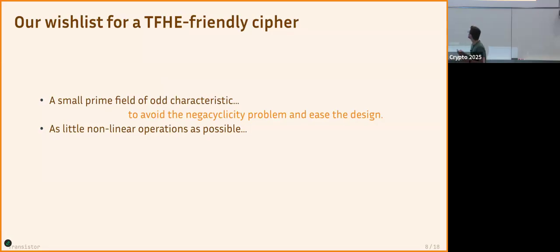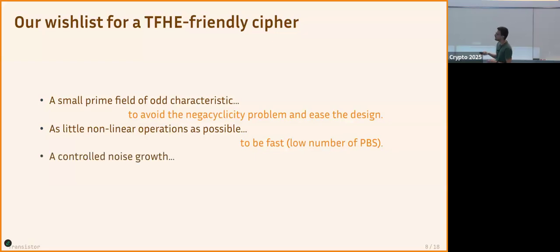You want as little nonlinear operation as possible, because the only way to do nonlinear operations with TFHE is to run the bootstrapping, and bootstrapping is very slow. And finally, you want controlled noise growth, because if you do not have a mechanism in your circuit to regulate the noise, it's going to blow up and you're going to decrypt the wrong message.